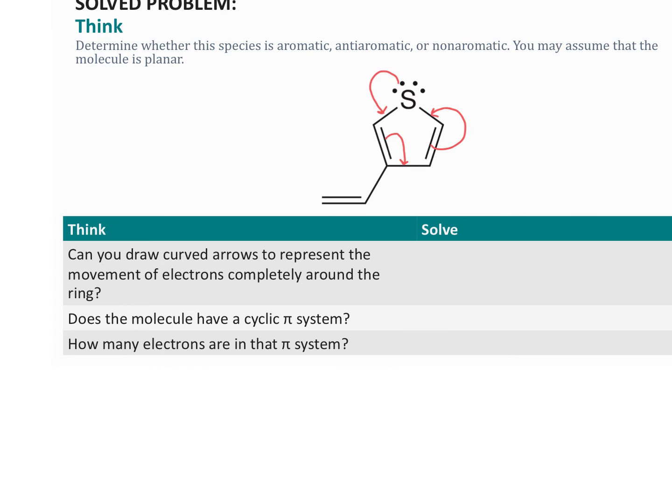And so the next question says, does the molecule have a cyclic pi system? So the ring's planar, and all of the atoms of the ring are involved in the electron movement drawn. So either the arrow is starting, right, or ending. So the molecule does have a cyclic pi system. And then how many electrons are in that system? So the 3 curved arrows represent the movement of 6 electrons, right? And 6 is a Huckel number, so the molecule is aromatic, right?